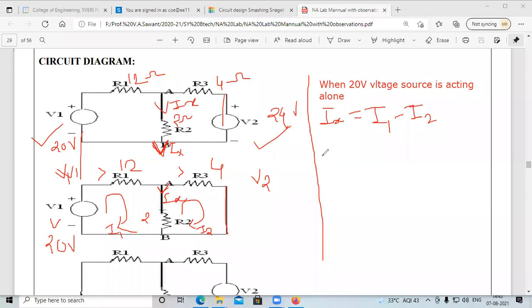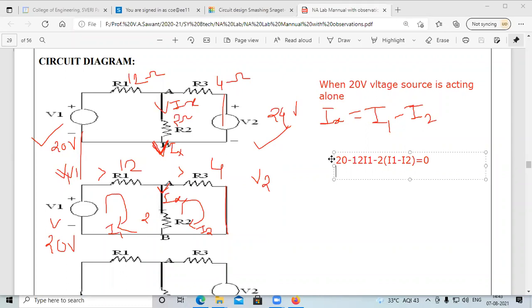So it becomes plus 20 minus 12 I1 minus 2 in bracket I1 minus I2, it is equal to 0.